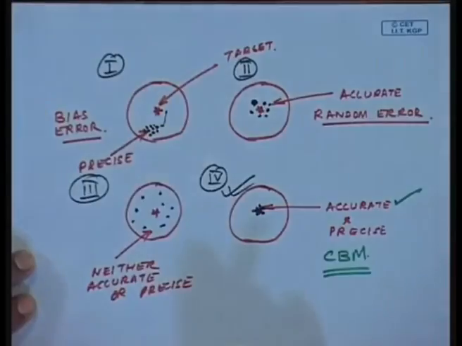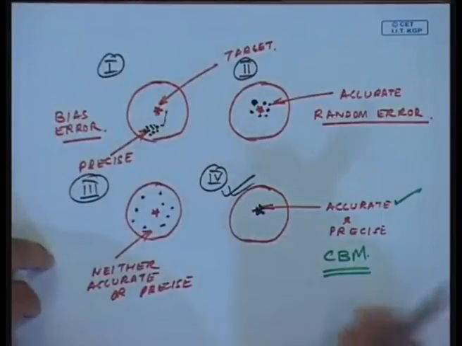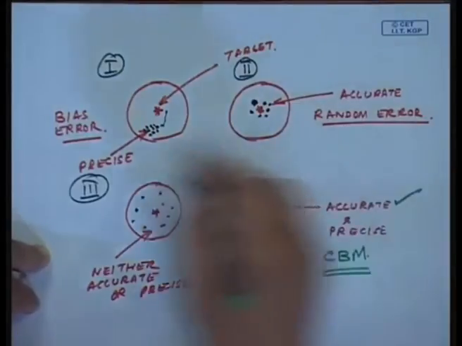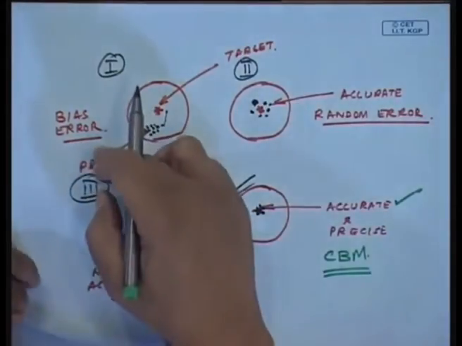Same microphones which I am using here could be 100 rupees, but then there are microphones which are 100,000 rupees doing the same thing, but they are more accurate and precise because of this scenario. So, accuracy and precision go hand in hand, and then as CBM we have to remove this bias error and random error, and this is done by random error reduced by doing more averages, bias error by doing a calibration.